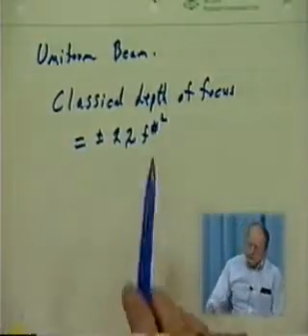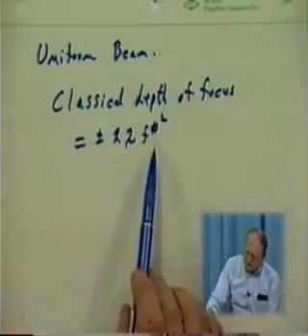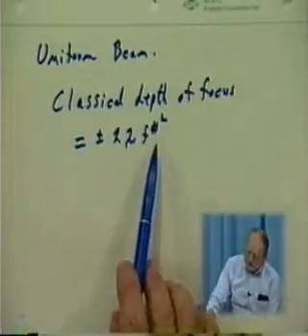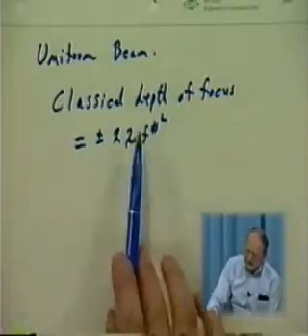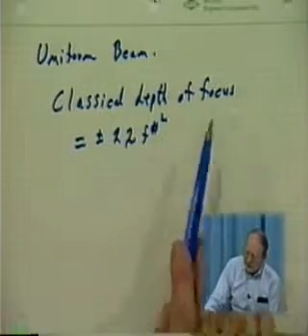And there are a couple ways to get to that. One way is that if we look at where the geometrical blur is equal to the Airy disk diameter, it turns out that that's what the classical depth of focus is.